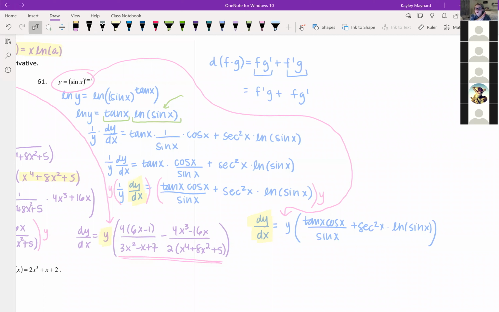Start by taking ln of both sides. Use any properties of logs to simplify the way things are written, so either pull out an exponent or split it up over subtraction, and then implicitly differentiate. Once you've taken ln of both sides, it's really just a matter of differentiating the whole thing, taking it from there with implicit differentiation, and then you can solve for dy dx.